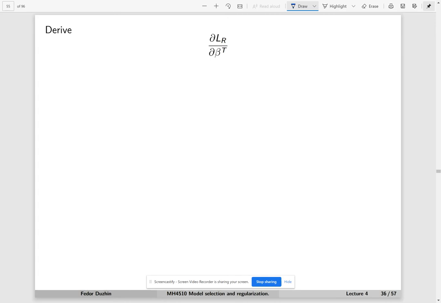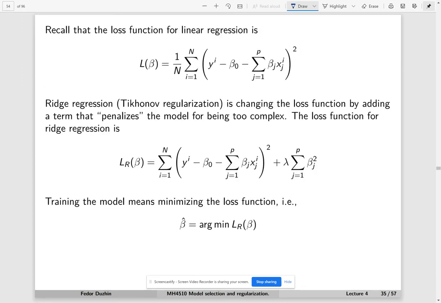So let me explain how we can derive the gradient of the modified loss function. First, let me write down the partial derivative with respect to beta 0. Note that beta 0 does not appear in this extra term, which means that the partial derivative with respect to beta 0 is going to be just the same as that for the linear regression, right?